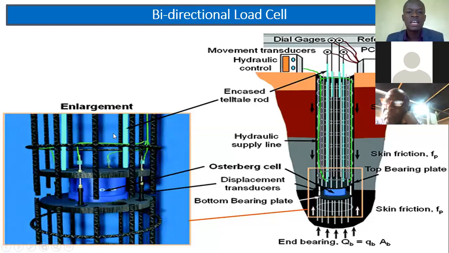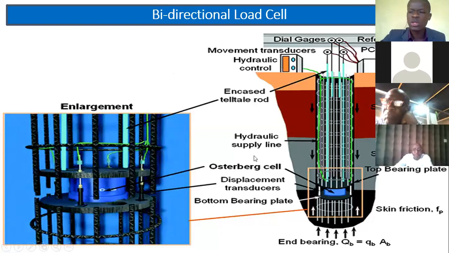And this is a bidirectional load cell. It is a test method where a hydraulic jack or an assembly of hydraulic jacks is placed inside the pile, usually towards the toe of the pile. This is used to generate an upward and downward directed force.